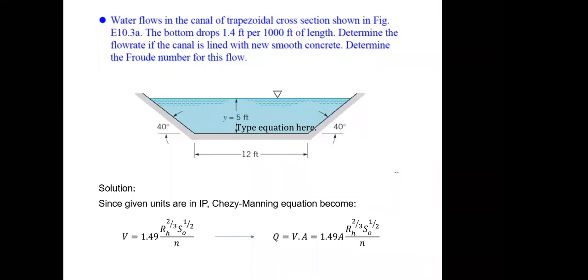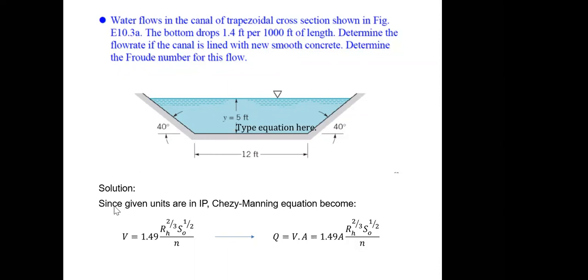And then we need to determine the flow rate if the canal is lined with new smooth concrete. So by knowing the slope, on this case, we are able to calculate the flow rate or the velocity, because the flow rate is the velocity times the area itself.